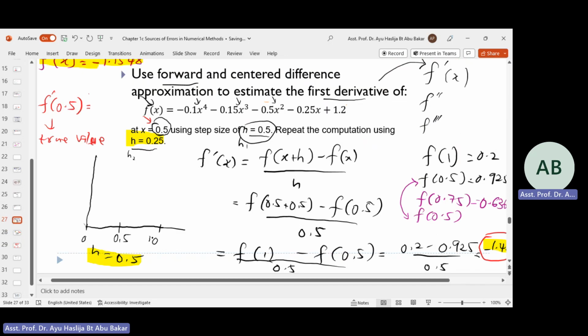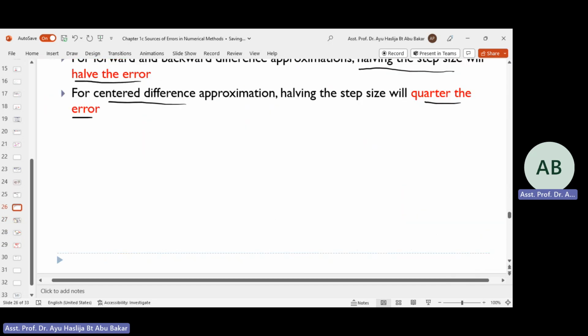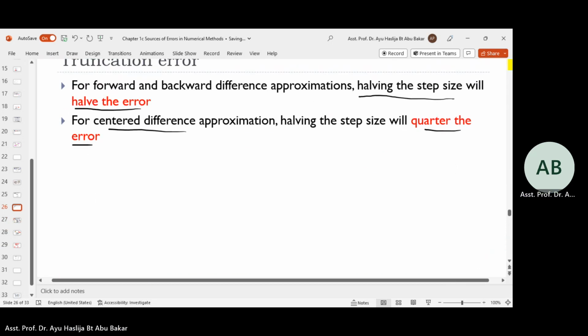That is what is meant by this statement in this slide. Halving the step size will halve the error. So the smaller the step size, the smaller your error. For centered, it will quarter the error.